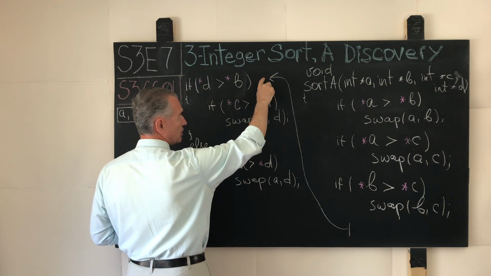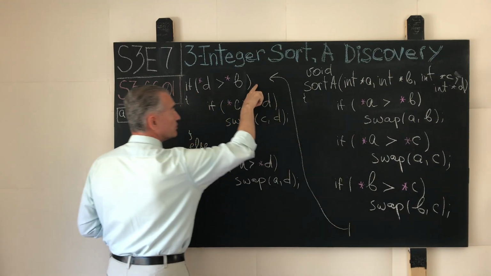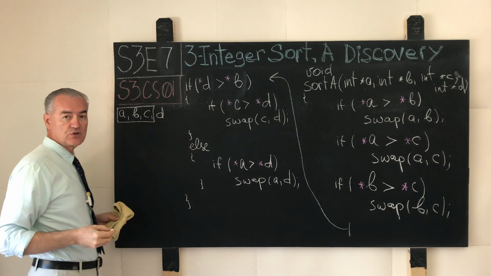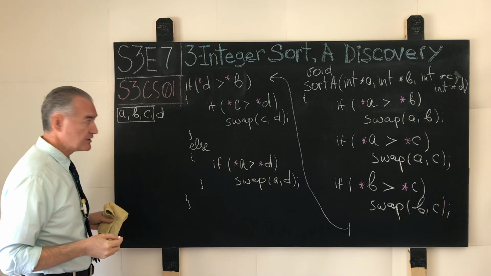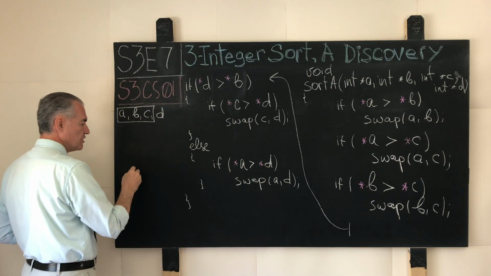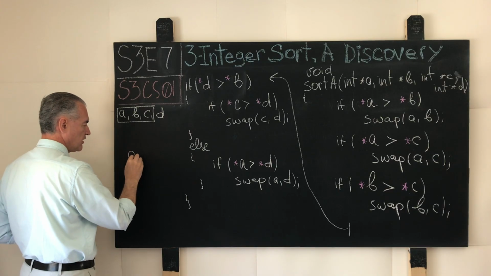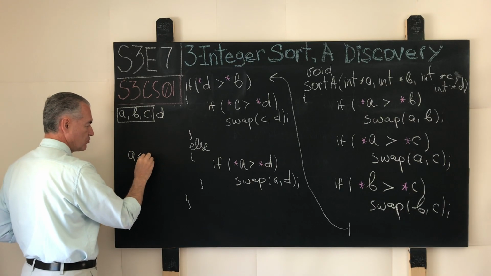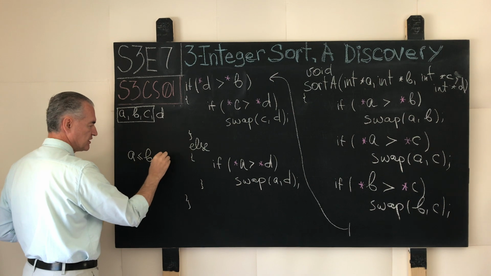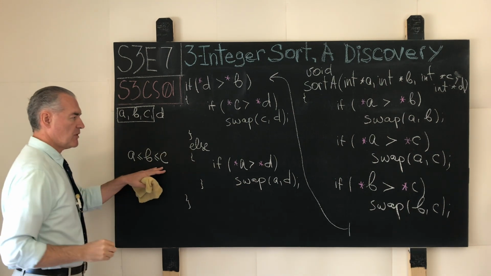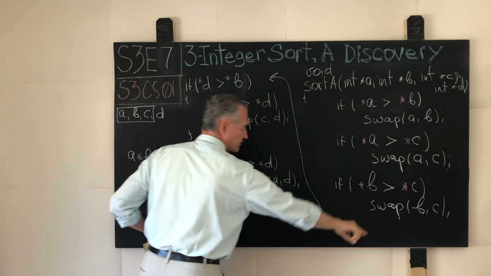So here we jump to this side on the board to see what we will do with the 4th integer. Well, if we sorted the integers A, B, C correctly, so we have A is less than or equal to B, which is less than or equal to C, that much our code over here guarantees.